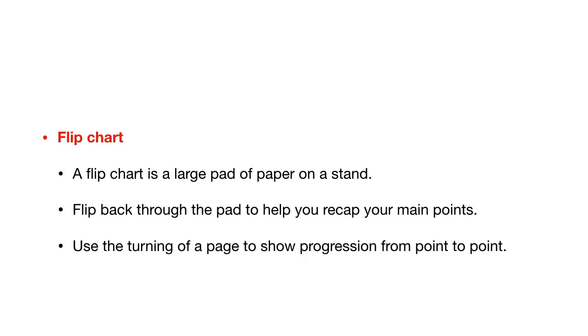Just show the act of flipping back. Okay, so it conveys that you're going to recap your main points, right? And also use the act of turning a page to show progression from point to point. Okay, remember to make your writing clear and readable and your diagrams as simple as possible. Okay, try to make it simple and readable.